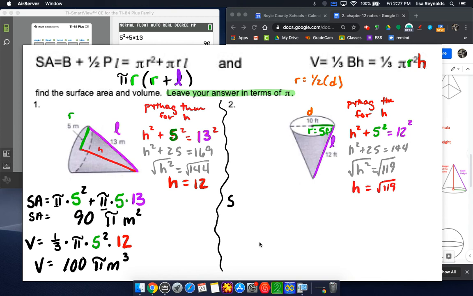So our surface area is pi times our radius of 5 squared plus pi times our radius of 5 times our slant height of 12.